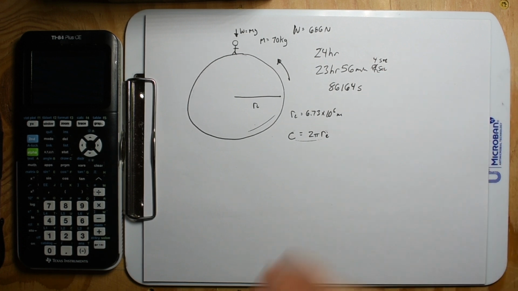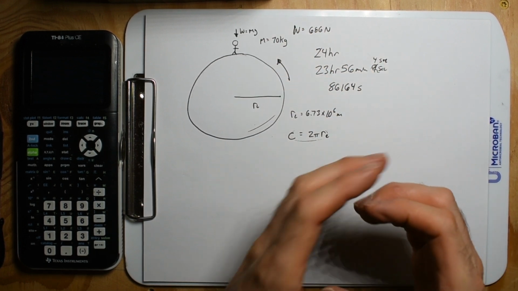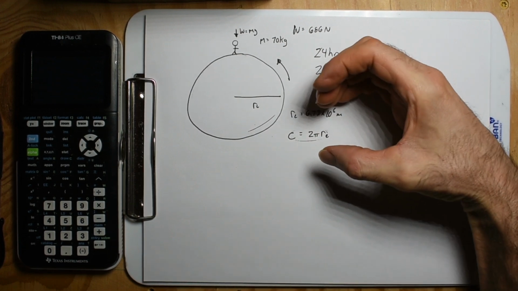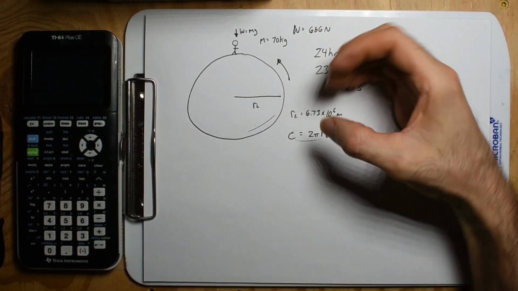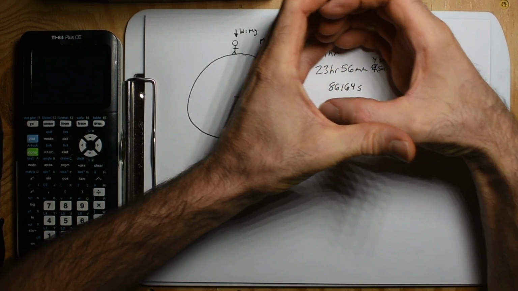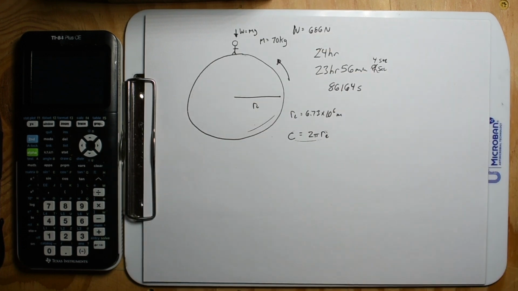So in a year, there's 365 days. There's 365 high noons, rotations to get all the way around. But in that process of catching up, you do one extra full rotation. Cool.